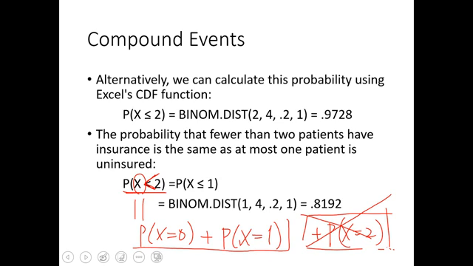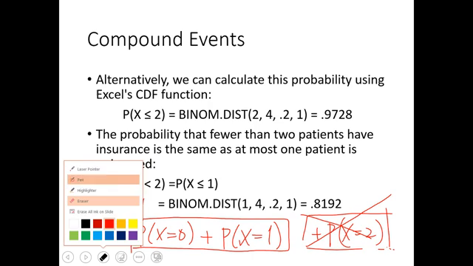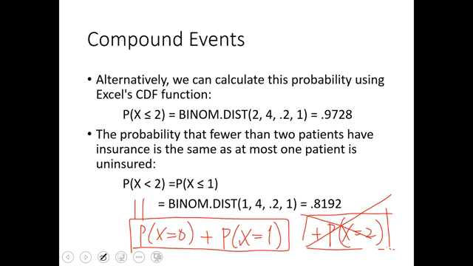We only calculate these 2 cases when we have this inequality. So be careful: when x is strictly less than 2, this number should be excluded. Okay.